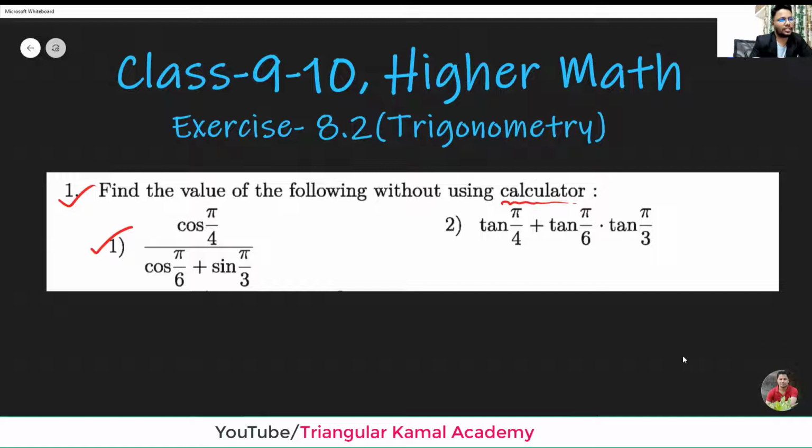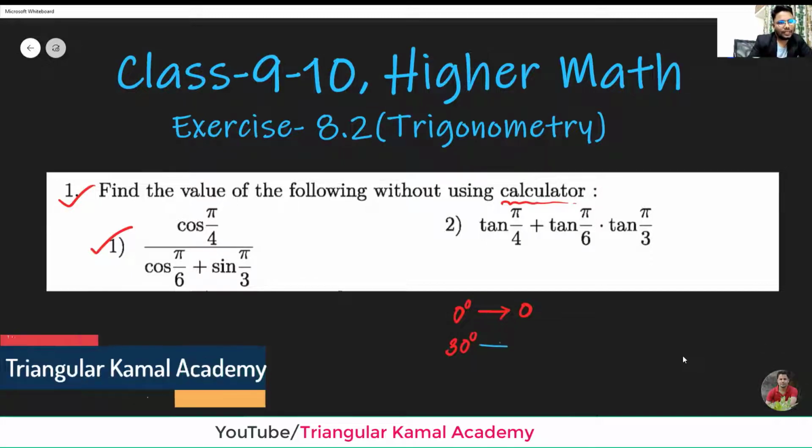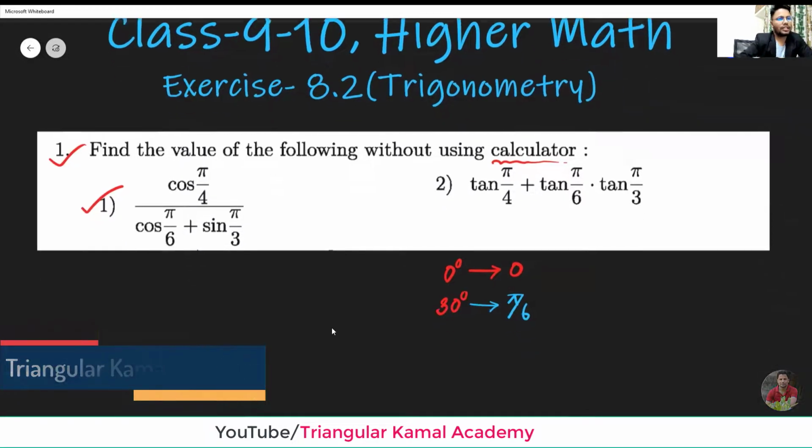into the degree system. Like here, 0 degree, if we convert into the radian, this angle will be 0. And the next 30 degree, if we convert this 30 degree in radian, this angle will be pi by 6. Another angle, 45 degree.